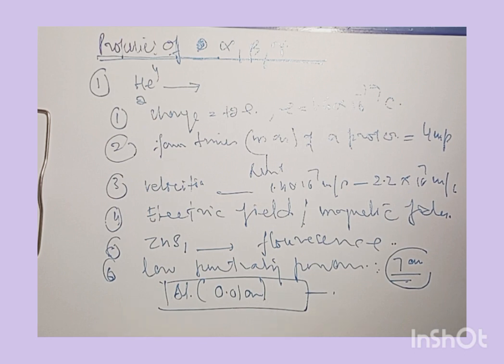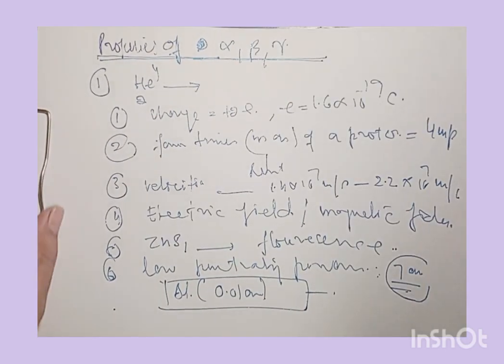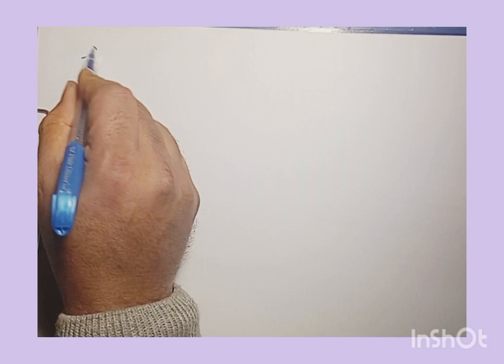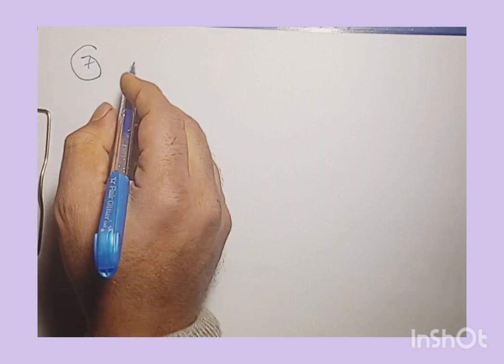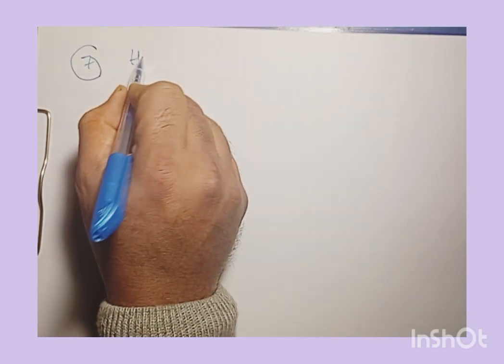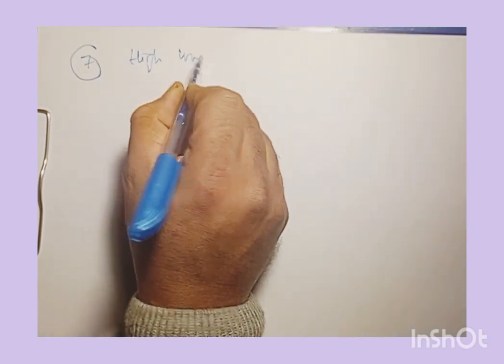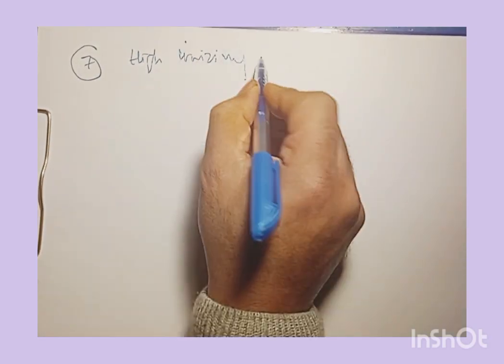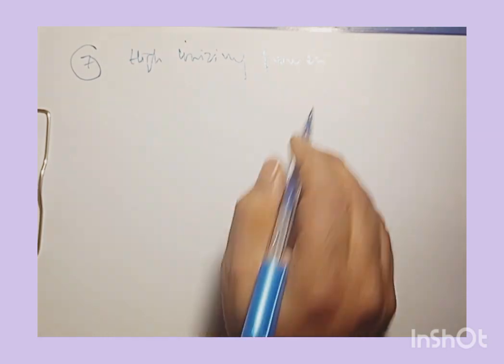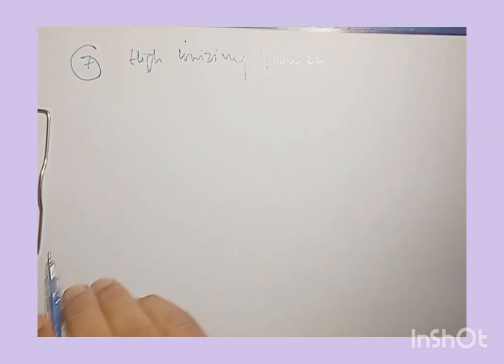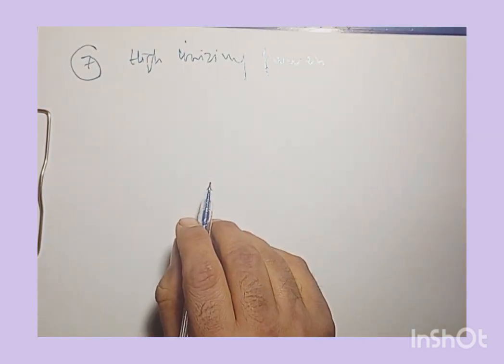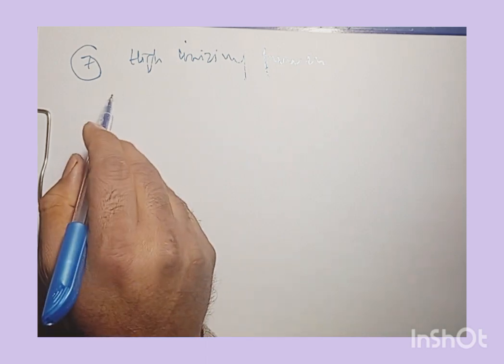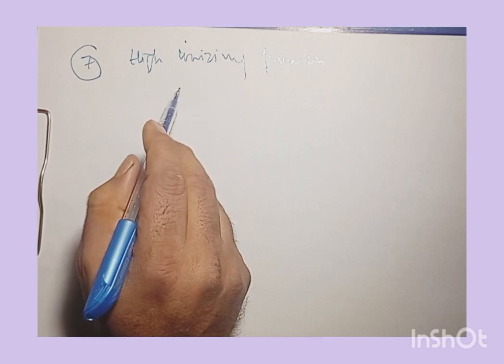And the next important point is that they have high ionizing power. We understand what ionization is: the power to eliminate electrons from their shells out of atoms. So these alpha particles have high ionizing power.